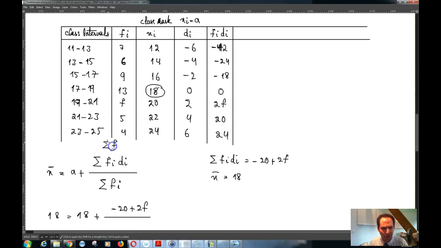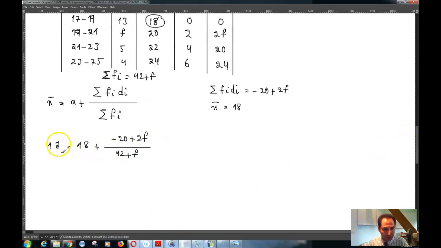Sigma f of i is 13 plus 9 is equal to 22, 32, 35, 38, and 42, 42 plus f.